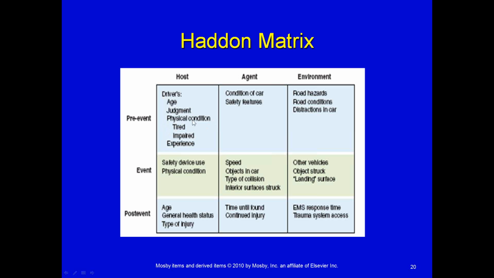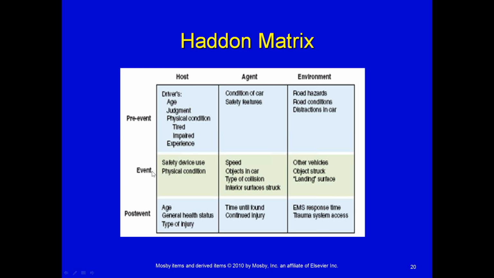Are they impaired? The host's experience. The agent in the pre-event includes the condition of the car and the safety features of the car. And the environment pre-event includes things like road hazards, road conditions, and distractions in the car, whether they be texting or eating or bending down to pick up CDs or things like that.